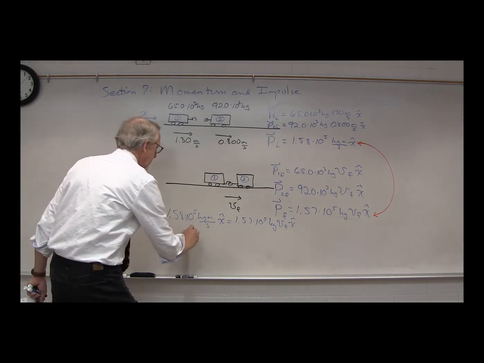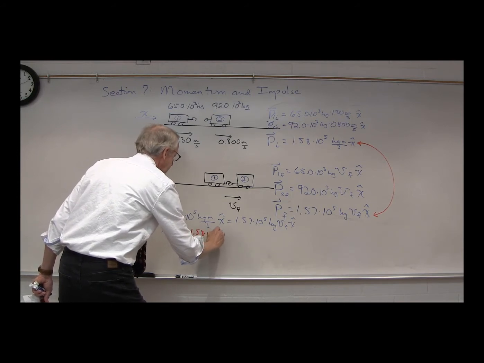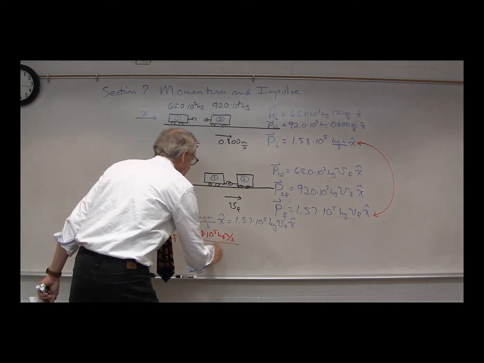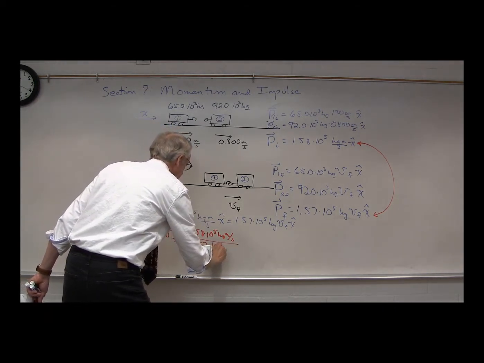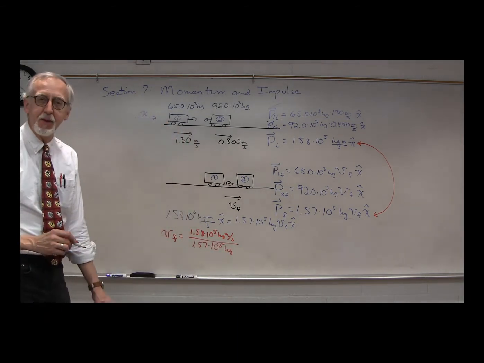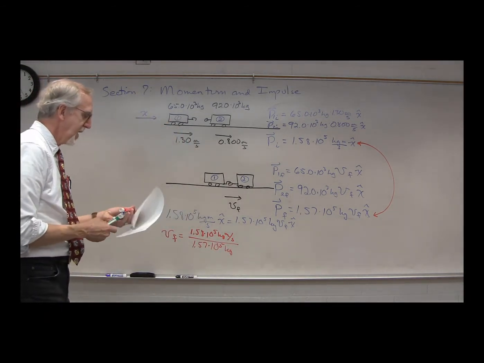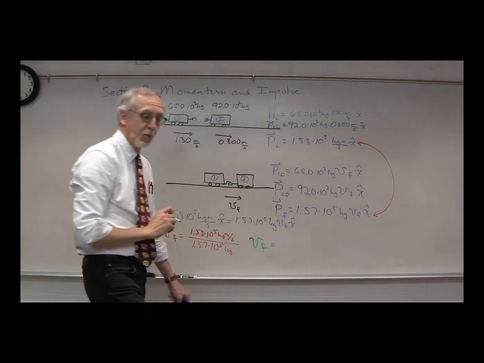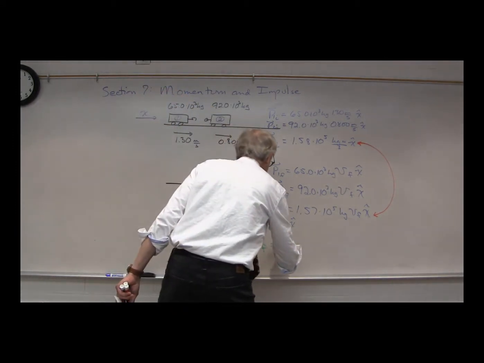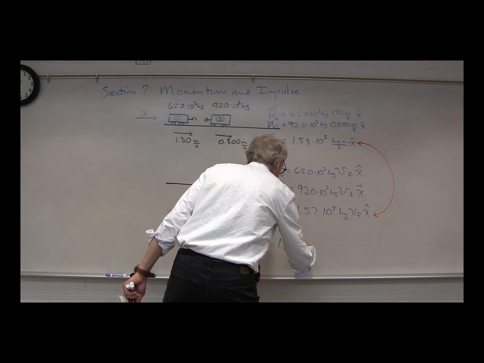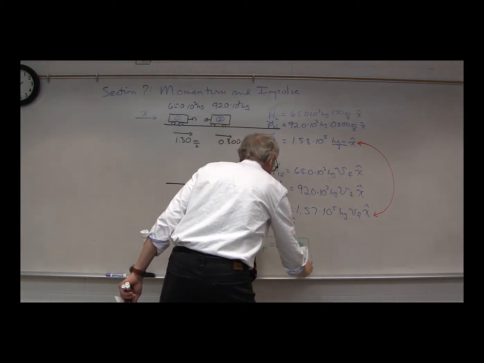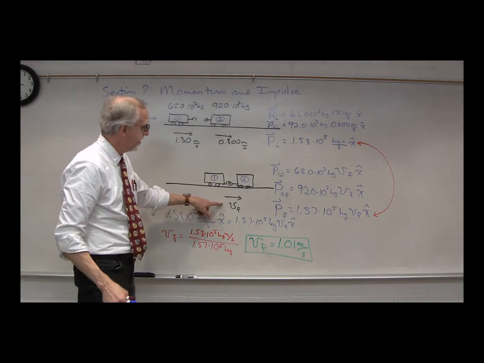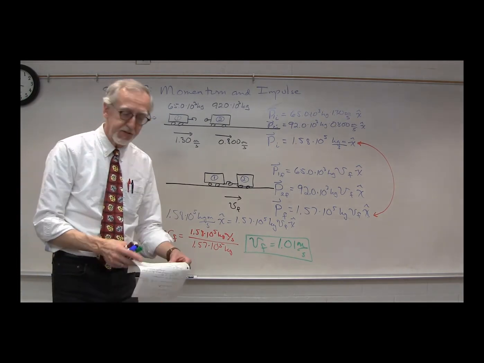V final is then 1.58 times 10 to the 5th kilogram meters per second divided by 1.57 times 10 to the 5th kilograms, and we end up with a final result of V final is equal to 1.01 meters per second. And there we go. The cars end off moving to the right at 1.01 meters per second.